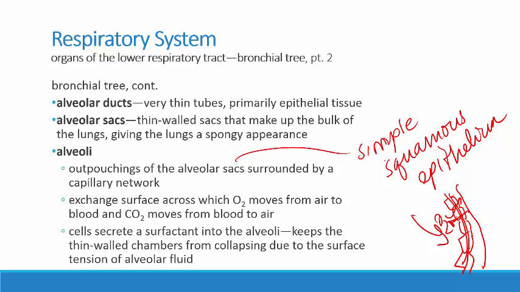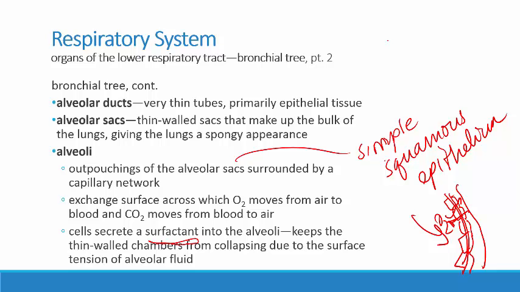And the cells here secrete a material called surfactant. Surfactant, I think I've drawn the analogy toward the Jet Dry stuff that we put into our washing machine or dishwashers, where it breaks up the surface tension and all of the interactions between the water molecules in the fluid in the lungs.